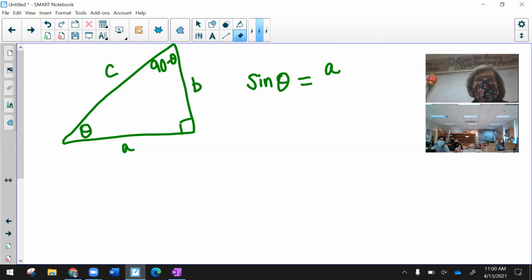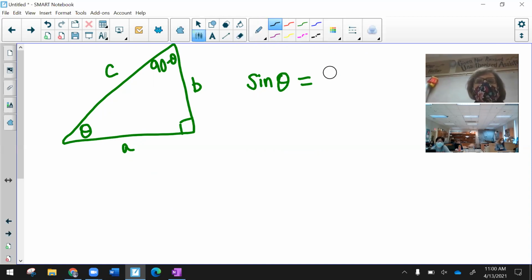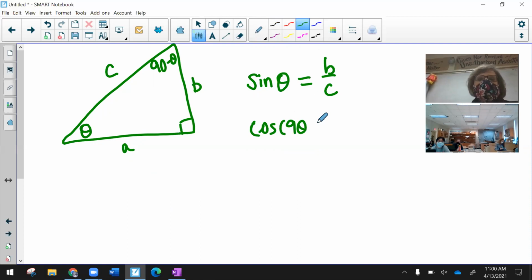B over C? What's the cosine of 90 minus theta? B over C. Okay. I wish someone had taught this to me this way instead of making me memorize all those things and they tried to do something really wacky and use double angle formulas. And if they just made a simple right triangle and labeled all the sides, it would have been like, well, oh, of course. But anyway.